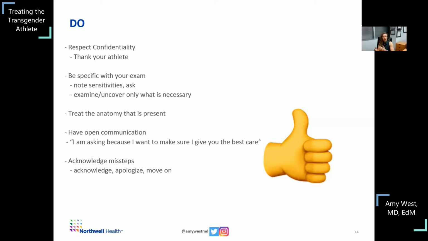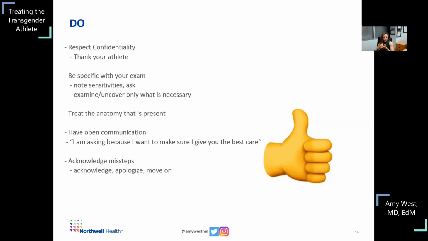And that goes into the next tip, which is having an open line of communication. So, if you ask somebody, "I'm asking you because I want to make sure I give you the best care possible," being very clear about it and non-judgmental, that's really the best way to make sure that everything's getting addressed and that everyone feels comfortable with the situation.